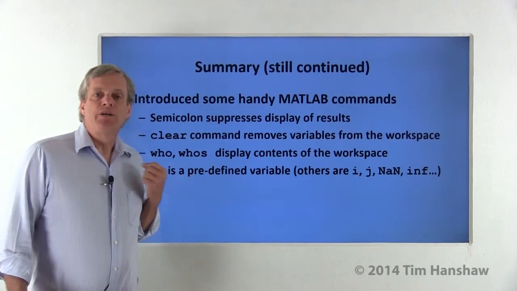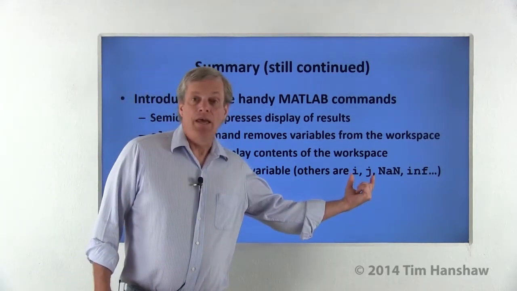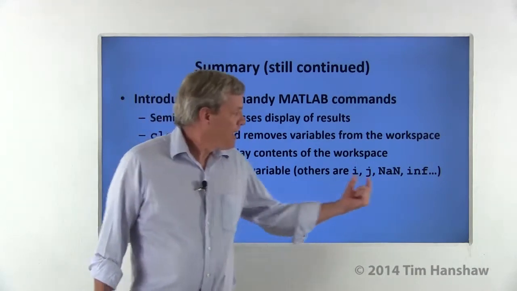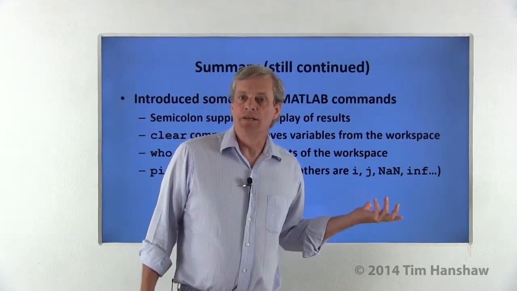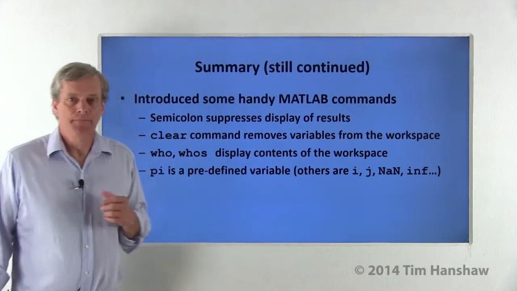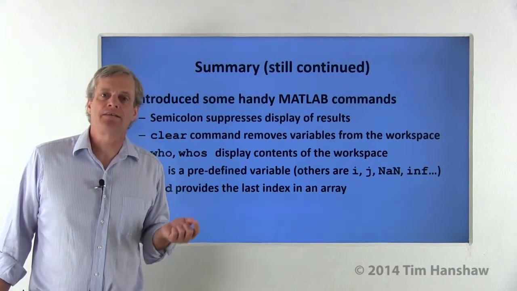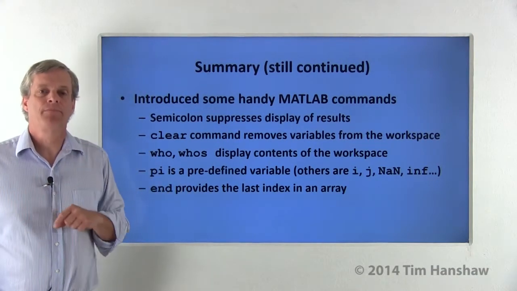MATLAB has a number of predefined variables. We used pi. A few others are i and j, which are the square root of -1, NaN, which is an undefined number, and Inf, which is MATLAB's version of infinity. End can be used to provide the index of the final element in an array.